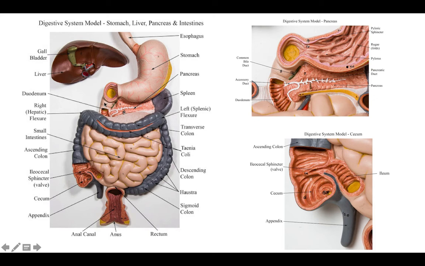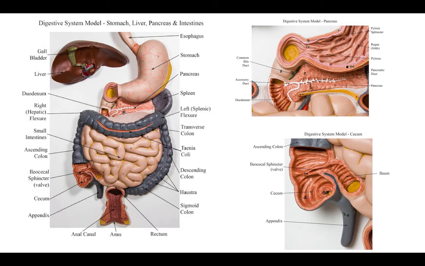And as it enters here, this is all part of the small intestine. So all of this is the small intestine. The small intestines are about 10 feet long if you stretch them out from one end to the other.